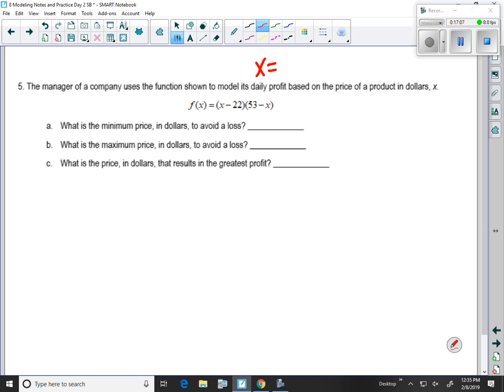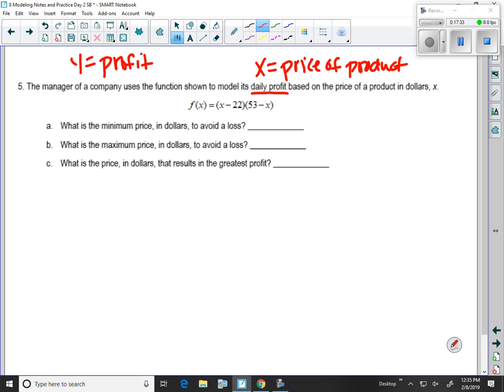The price of a product in dollars. What does Y stand for here? The other one. Daily profit. So Y is profit.